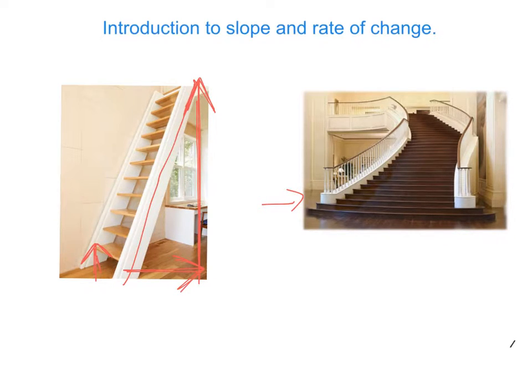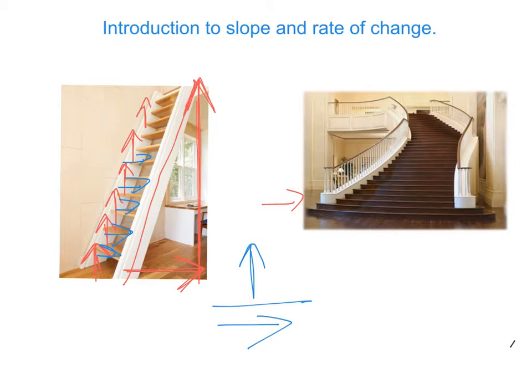When something is really steep, we have to take big steps up every time we take one step forward. So if we divide how much we went up by how much we went forward, we get a big number because we have a big step up divided by a little step forward.